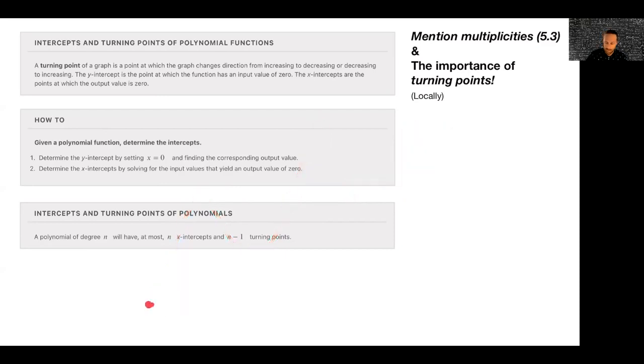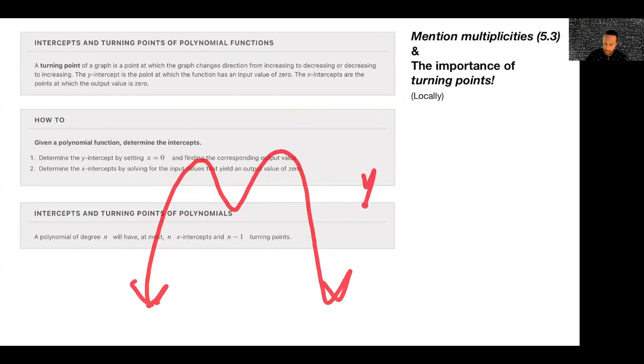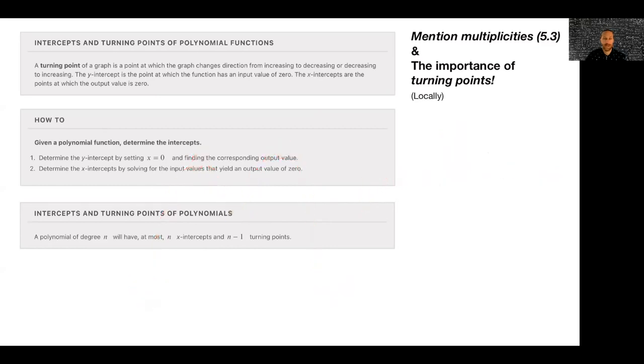And if we had 4, there would be 3 turning points for a polynomial with degree 4. So as you can see here, a turning point, which is where our graph changes direction from increasing to decreasing or decreasing to increasing.